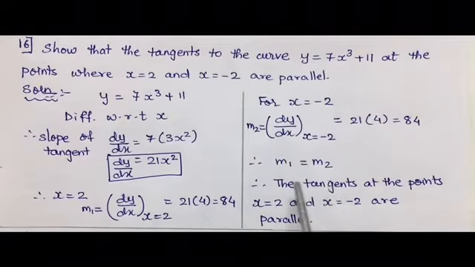They are equal, and hence we can say the tangents are parallel. At the points x equal to 2 and x equal to minus 2, the tangents are parallel to each other.